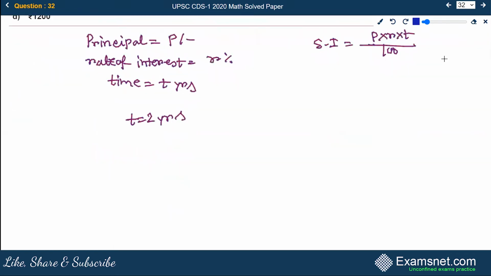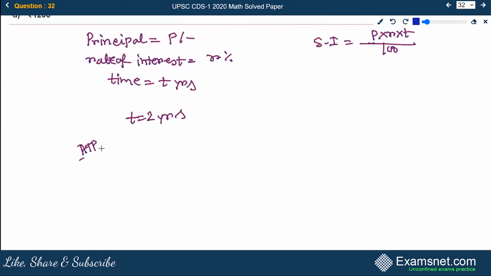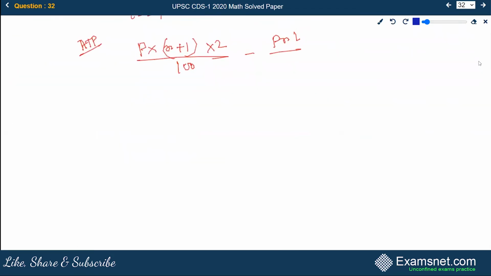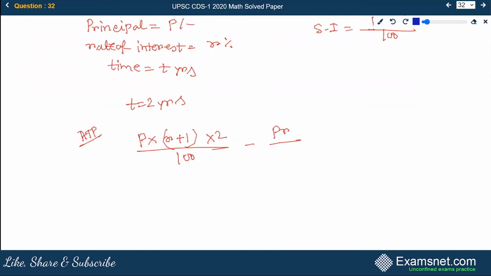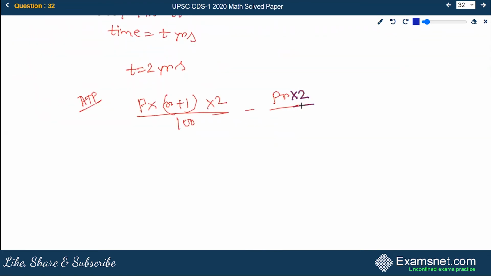Now according to the problem, if it had been put at 1% higher rate of interest, it would have fetched rupees 24 more. So for 1% higher interest rate for 2 years, P(R plus 1)2 by 100 minus PR2 by 100, and the difference between these two is rupees 24, correct?